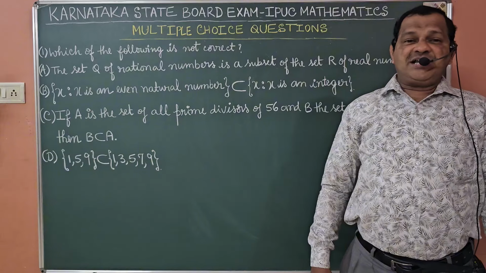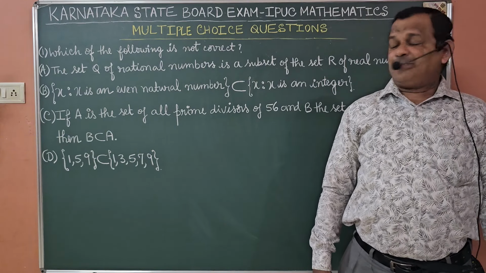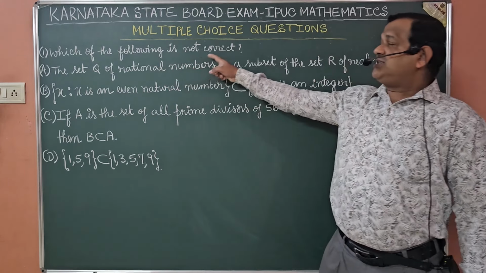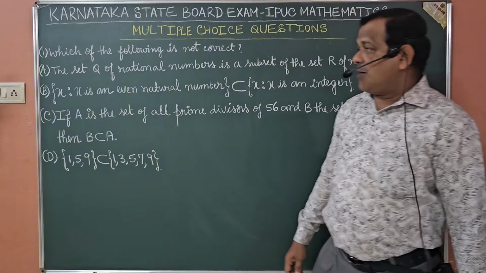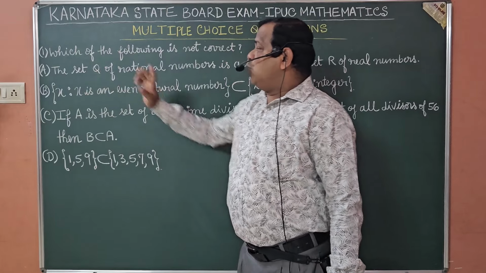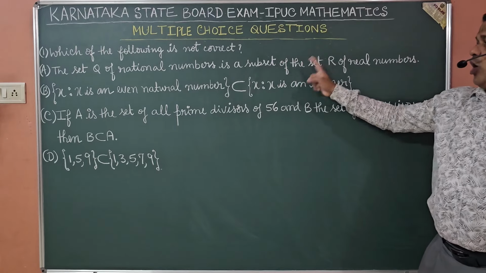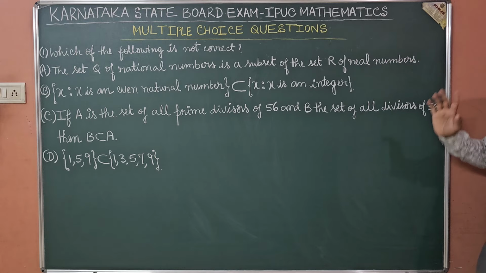So here I have written the first question on the board from the sets chapter. Which of the following is not correct, means it is false? First option, A: the set Q of rational numbers is a subset of the set R of real numbers.